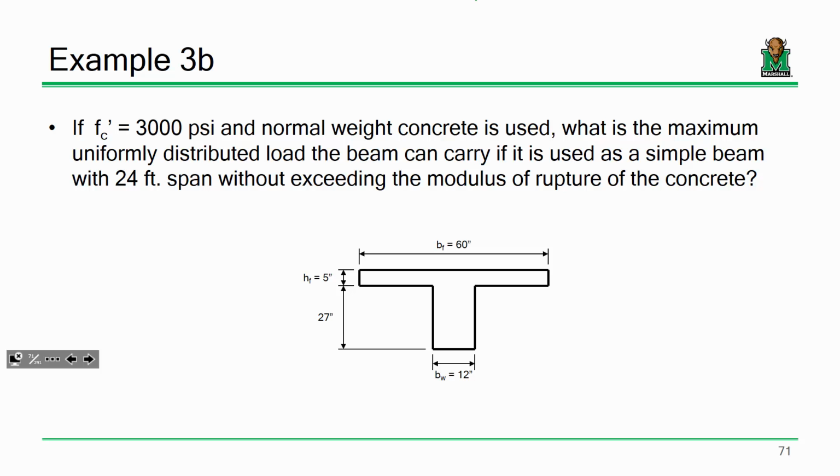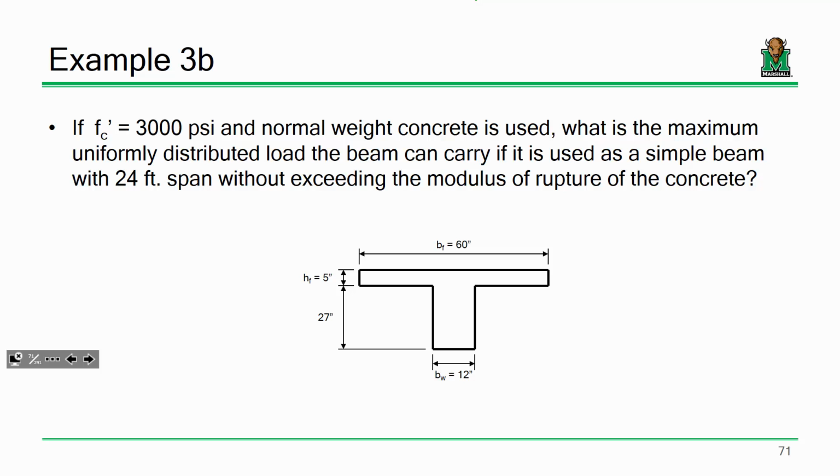We have a little more data about the section: it has a compressive strength of 3,000 PSI. What is the maximum uniformly distributed load that the beam can carry if it's used as a simple span and it's 24 feet long? The long and short of it is we're trying to determine the maximum load it can carry before it cracks.